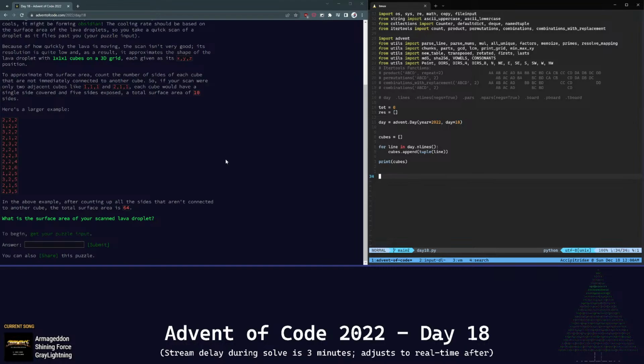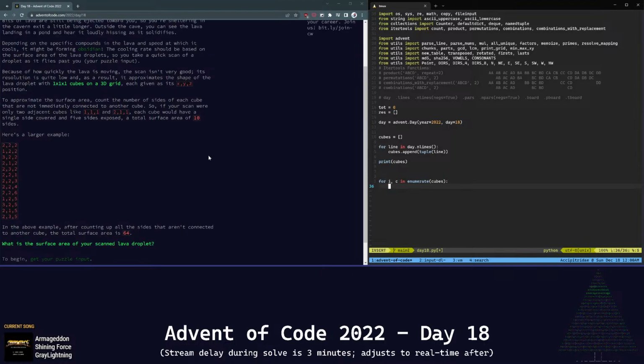Count the number of sides. Okay. So if it's 1 1 1 and 2 1 1, they're touching because the 2 other dimensions are the same, I guess?